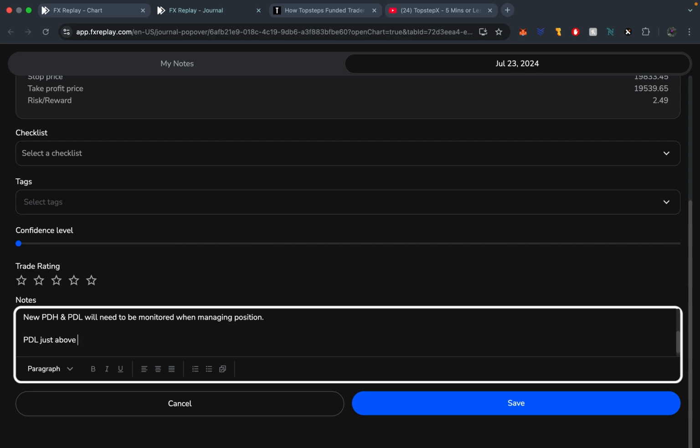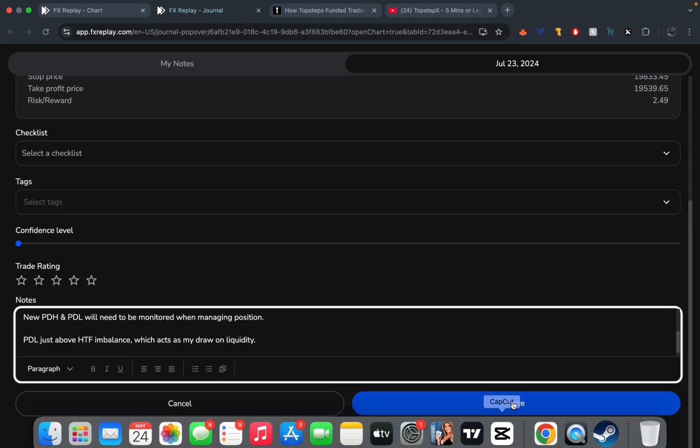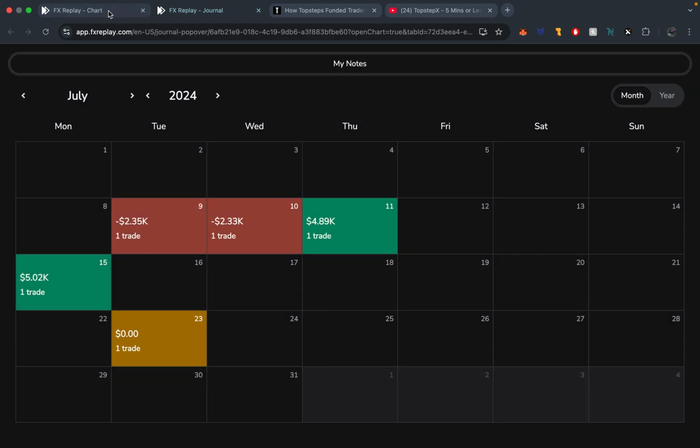Just above high time frame balance edge. That's natural. So that then puts that in here.